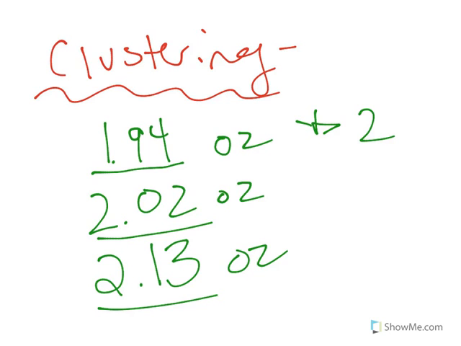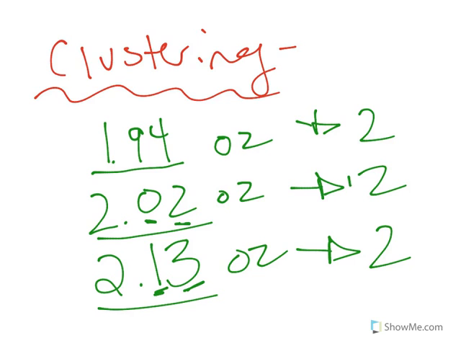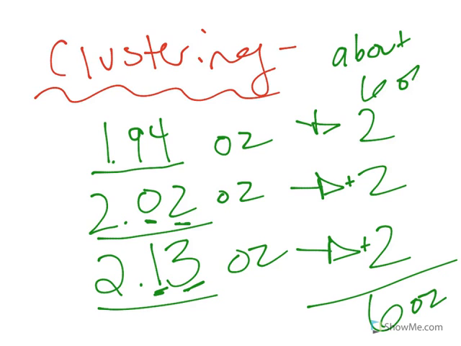And the next one is 2.02, that's really close to 2, so I'm going to round that also to 2. And then the last one, 2.13, it's not quite as close, but it's still pretty close to 2, so I'm going to round that to 2. So if I'm going to estimate it, I can use clustering, and I get an easy answer. I know my answer is going to be very close to 6 ounces, or about 6 ounces.